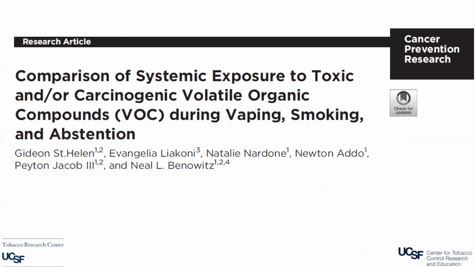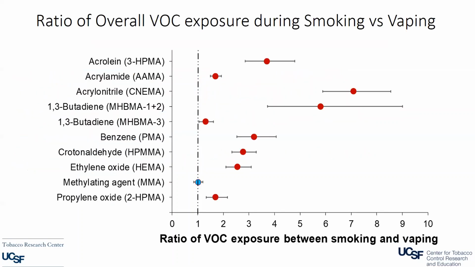We also recently published a study where we compared volatile organic compound exposure from vaping, smoking, and abstention. Just briefly to go through this, this is showing the ratio for each chemical for smoking versus vaping. You can see for all of these except the methylating agents, and that's because we've realized that methylating agents are not specific to cigarette smoke.